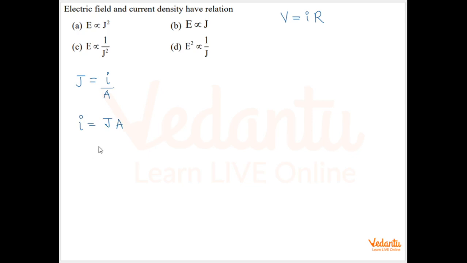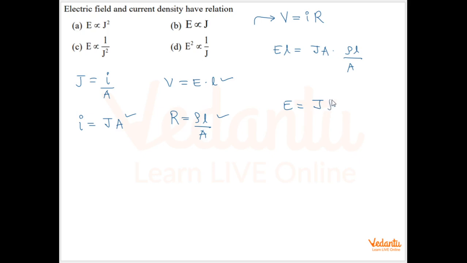Also better remember that V is equal to E into L. And finally beta, remember R is equal to rho L by A. If I substitute all the three into this relation, I will get EL is equal to JA into rho L by A. Now my dear bachcha log, if you see, A will get cancelled out, L will get cancelled out, and I will just get the formula E is equal to J rho.